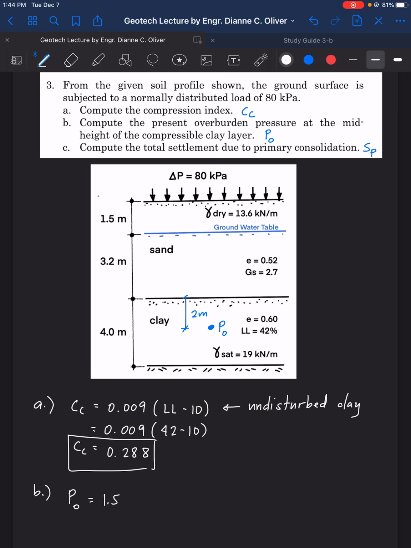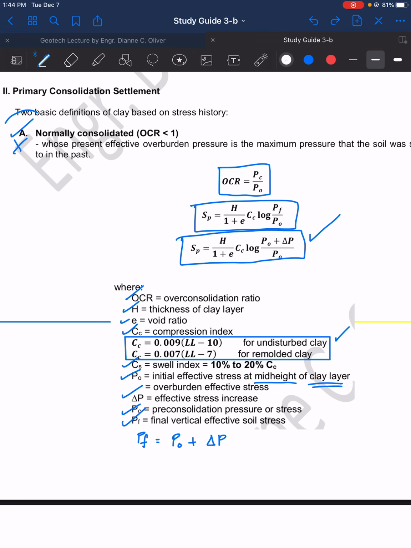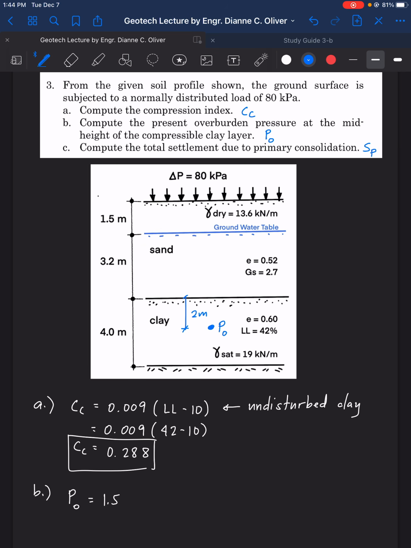The inclusion of delta P is later in the formula because delta P is here. So we just need to find the value of P sub O without the delta P. The present overburden pressure is the pressure without delta P. So P sub O is equal to 1.5 times the gamma 13.6 plus the height of the sand.